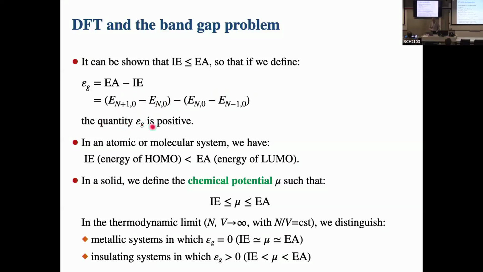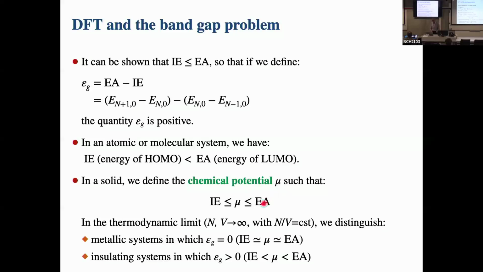And this defines a quantity that is positive that we will note Eg. And you can show that in atomic or molecular systems, this inequality is a strict inequality. So this is going to be the energy of the HOMO, and this is going to be the energy of the LUMO.